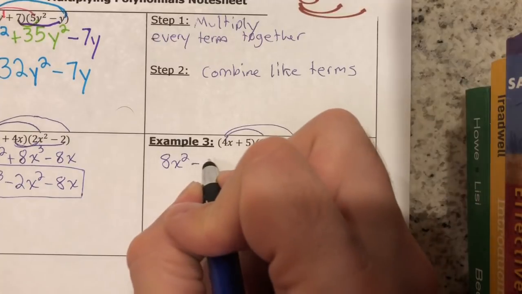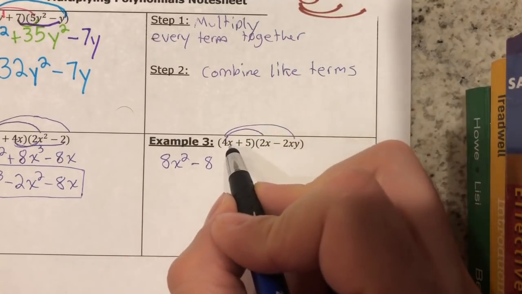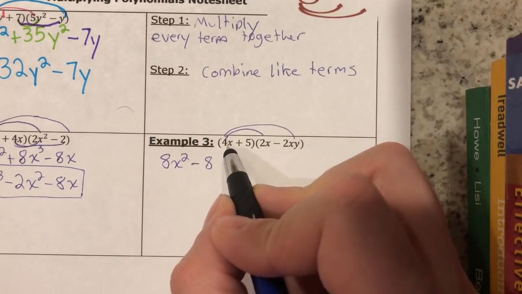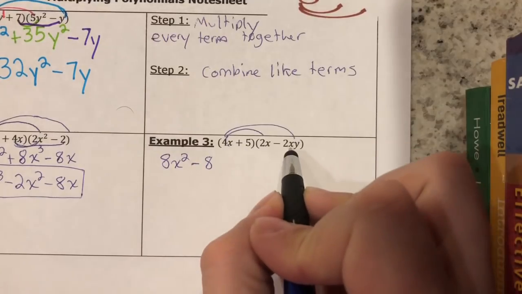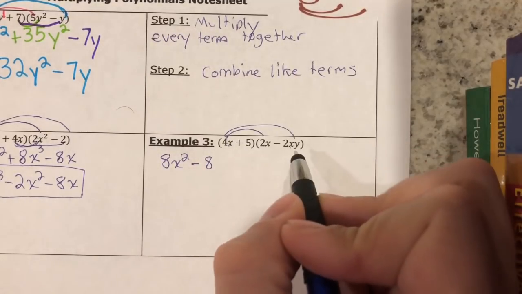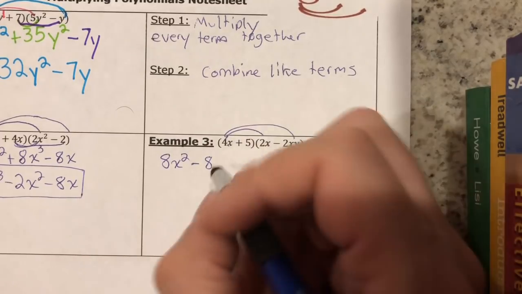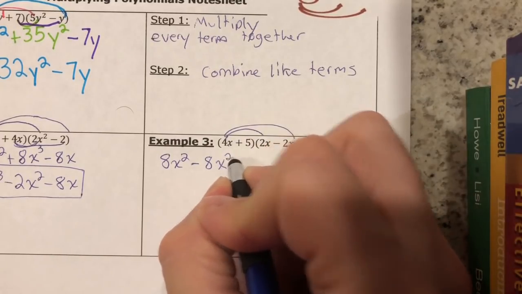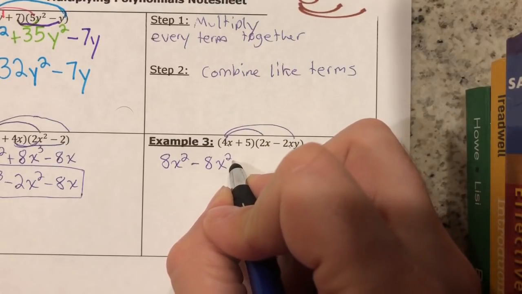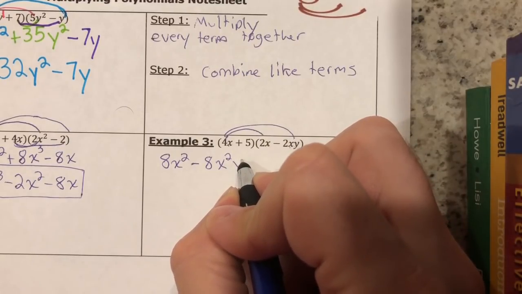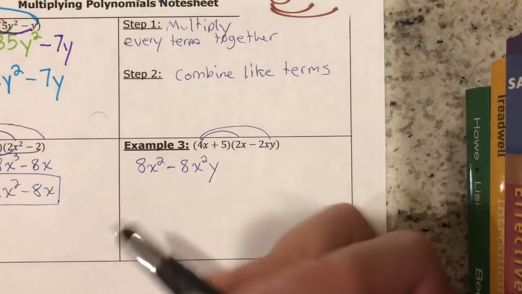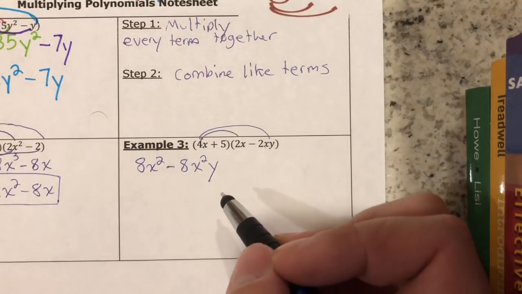So if we combine the numbers, that's negative 8. And then we have x times x, basically. So we're multiplying x together twice. So we'll have x squared times y. The y doesn't really get combined with anything else.